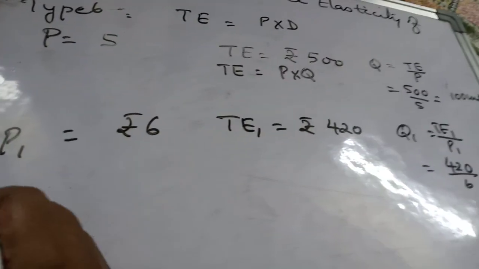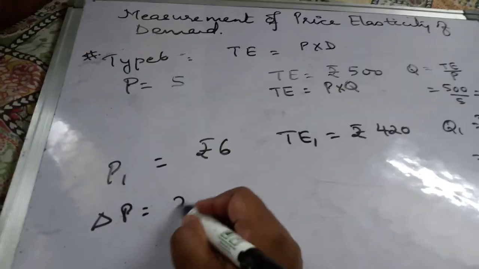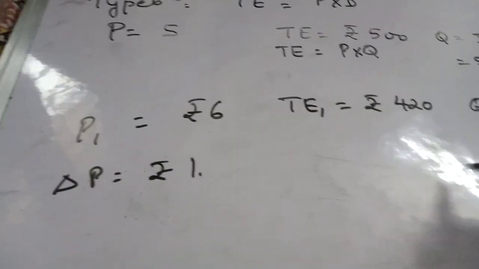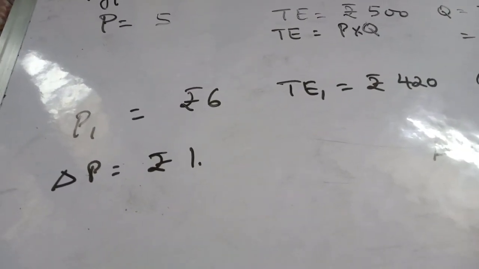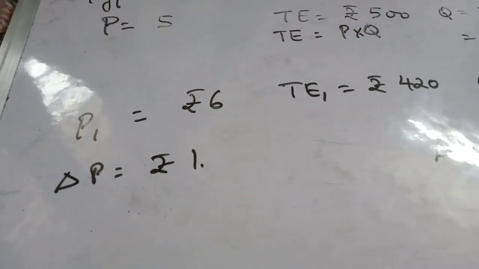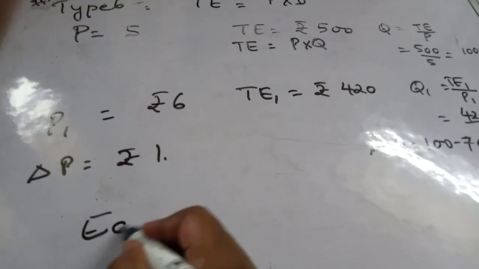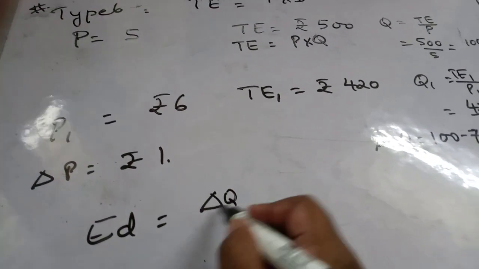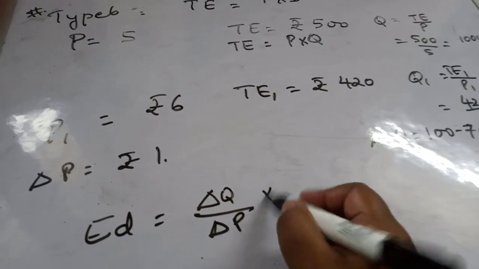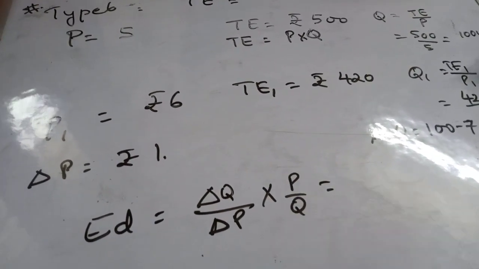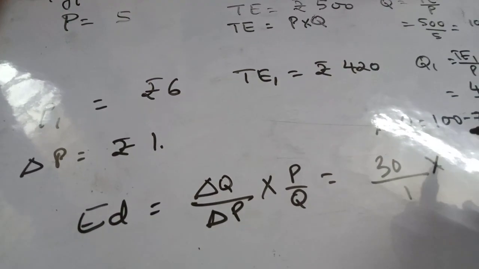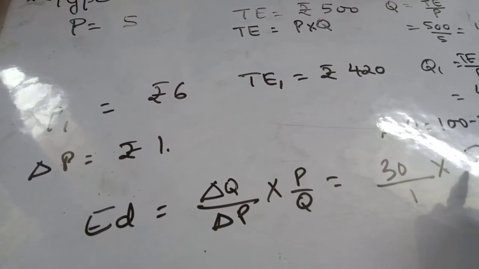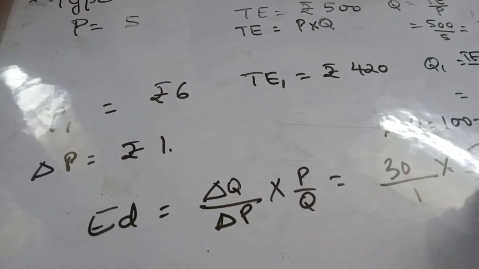So you can calculate delta P is rupee 1 and delta Q is 100 minus 70, that is 30. So you can calculate elasticity of demand, delta Q upon delta P into P by Q. Delta Q is 30, delta P is 1, P is 5, Q is 100.